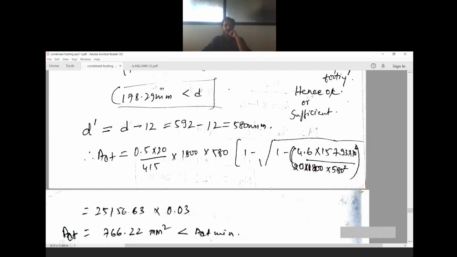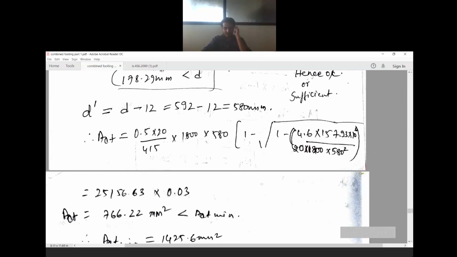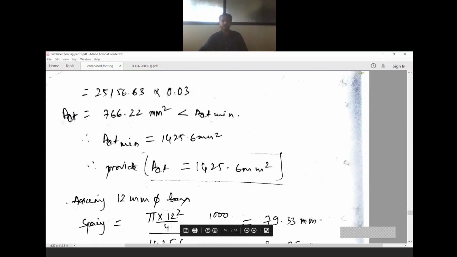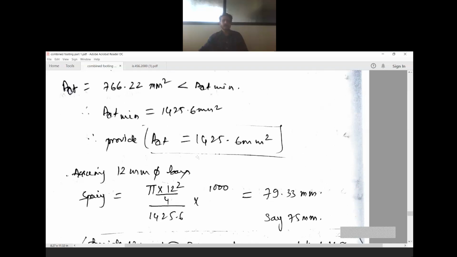So 580 mm. So according to this depth value, D value we have to use 580 mm. So substitute in the Ast formula, you will get the value as 766.22 mm square. But we know that the minimum area of steel to be provided is 1425.6. So provide 1425.6.